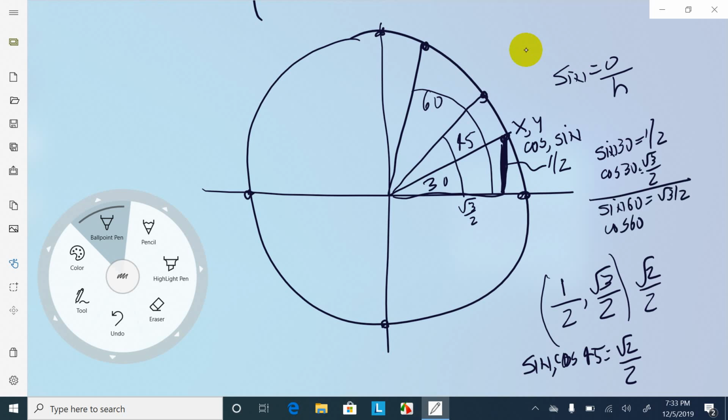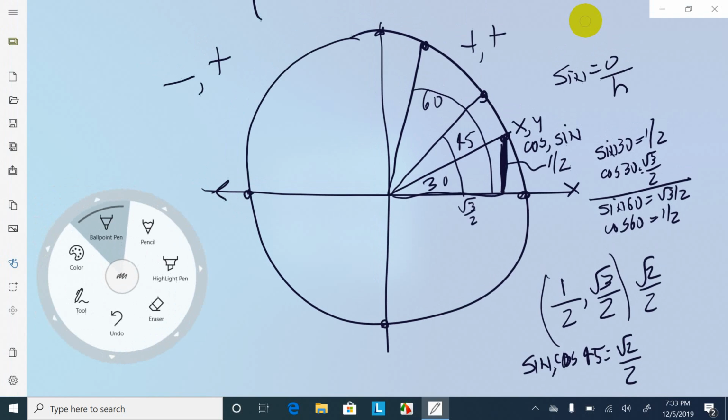And the cosine of 60 is 1/2. Okay? Now you also have to remember in the quadrants. The first quadrant, everyone is positive. The second quadrant, the cosine is negative and the sine is positive because the x value goes this way, right? This is the x, this is the y. Down here, everything is negative, and over here, the cosine is positive and the sine is negative.